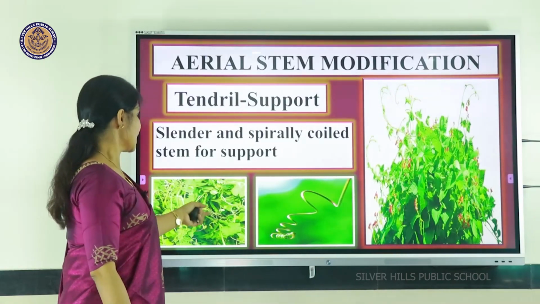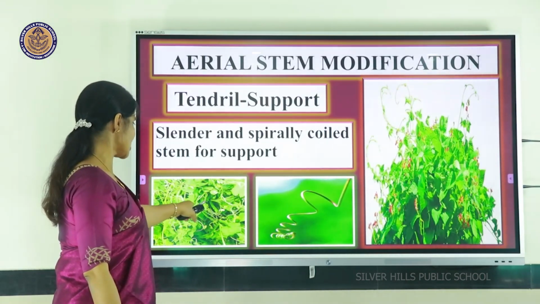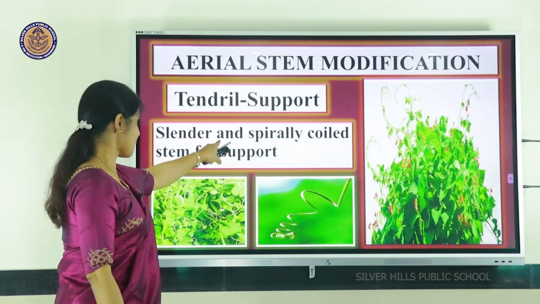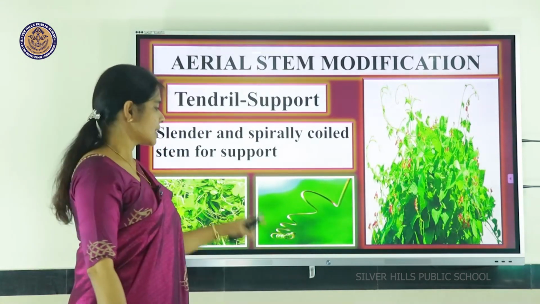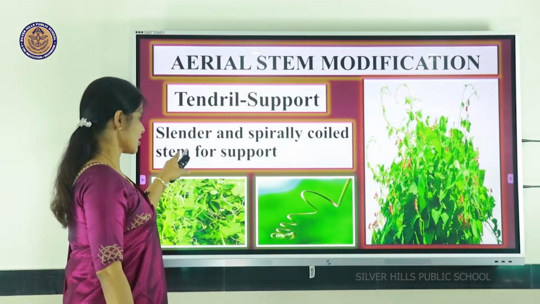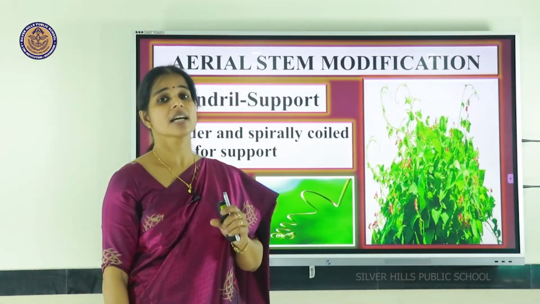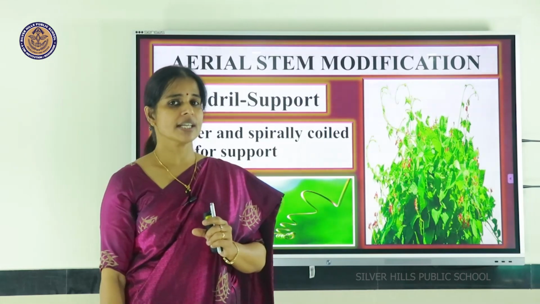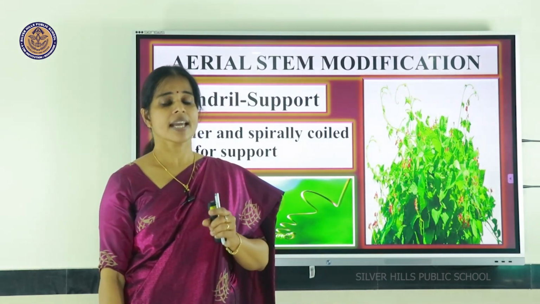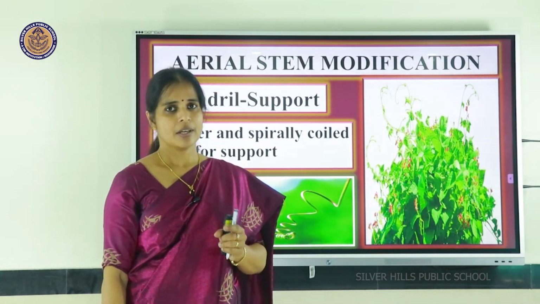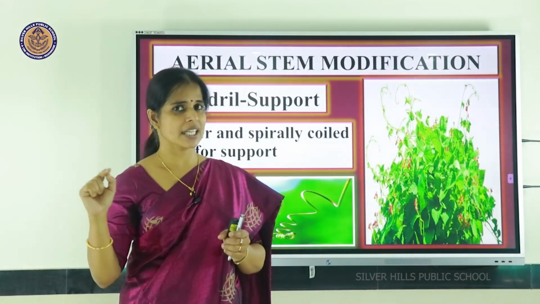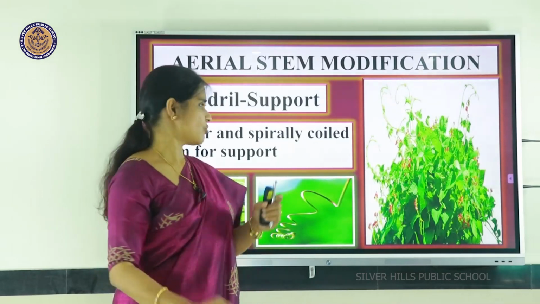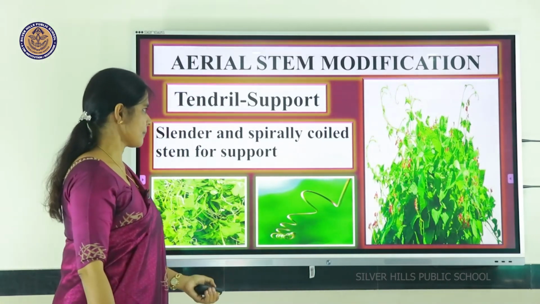This way the stem is modified for the supporting system with the help of spirally coiled structures. These spirally coiled structures that support the stem, we call tendrils. It is an aerial stem modification. So the stem is modified by the formation of spirally coiled structures, which we call tendrils.